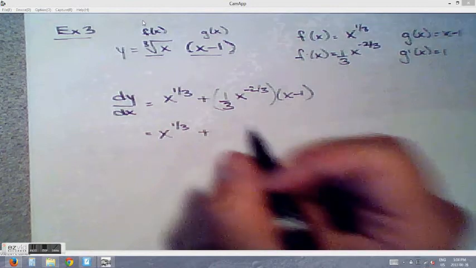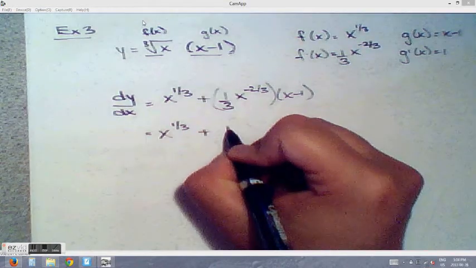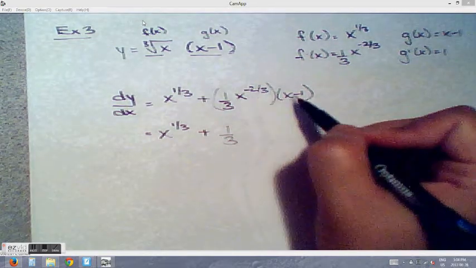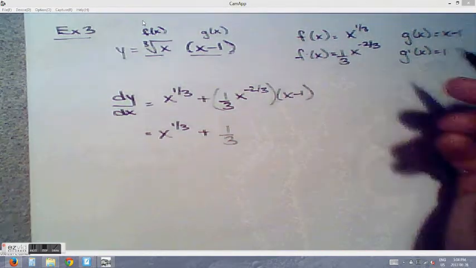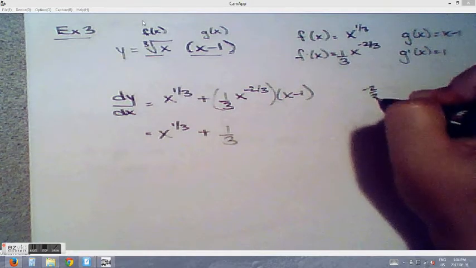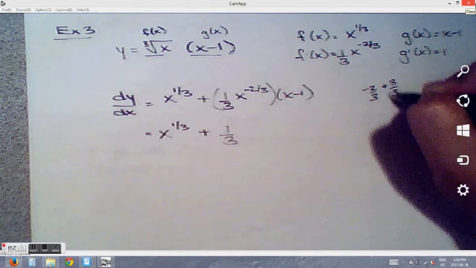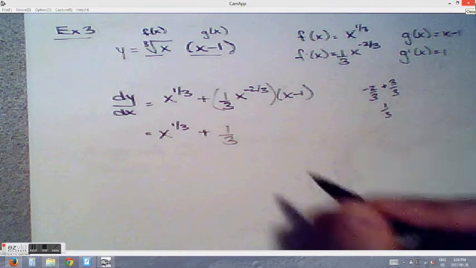It is going to get sloppy, and normally in calculus it usually does. So 1 over 3. Remember, when you're multiplying exponents of the same base, you add the exponents. So negative 2 over 3 plus 1, which is 3 over 3. So we have positive 1/3.